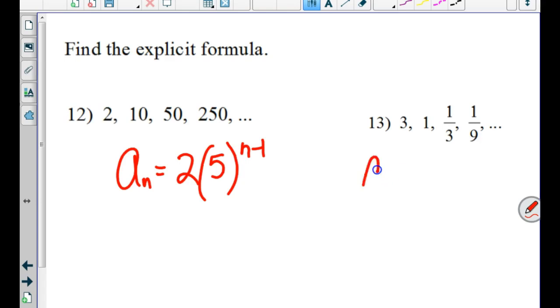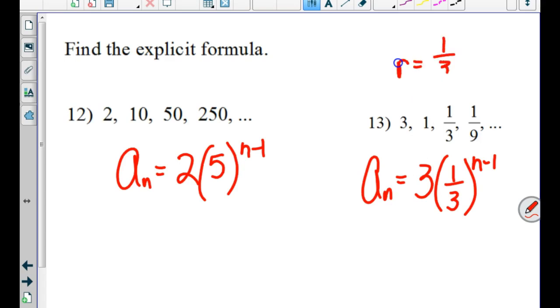Nolan? Good. R is always any term divided by the previous term. So 1 divided by 3, which is what they multiplied by again. You can check anywhere.